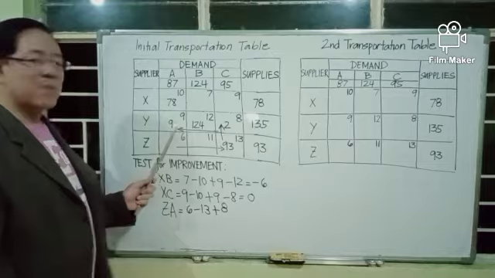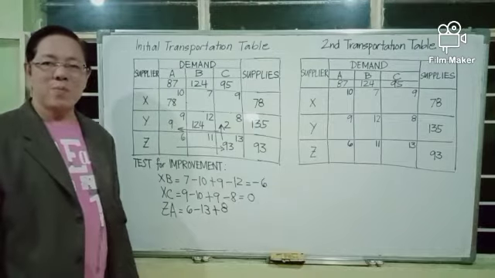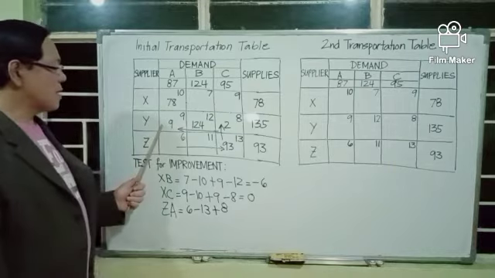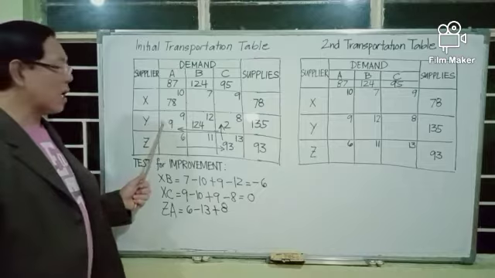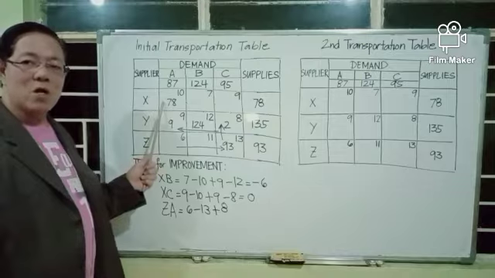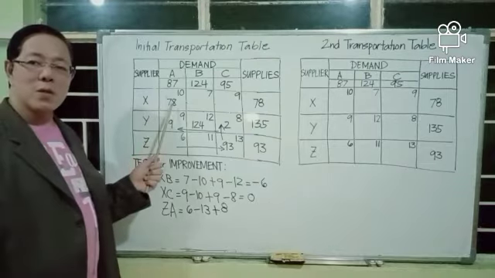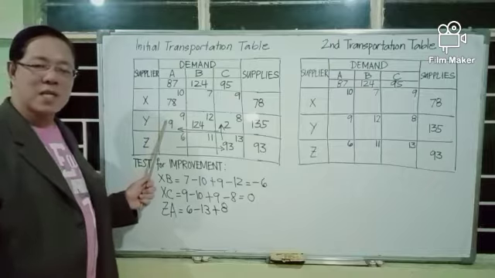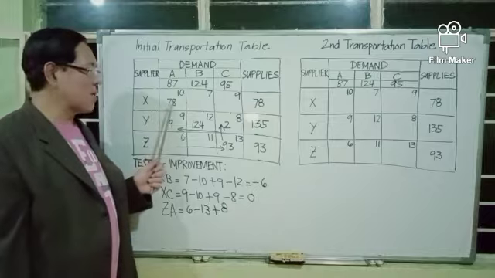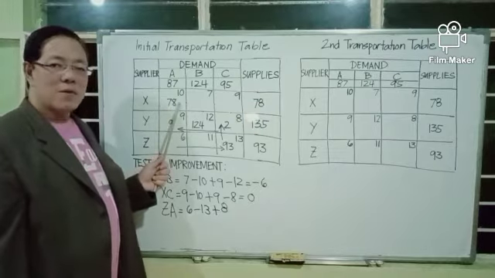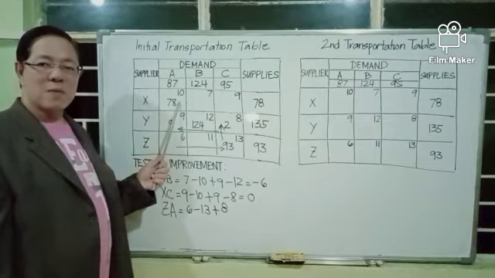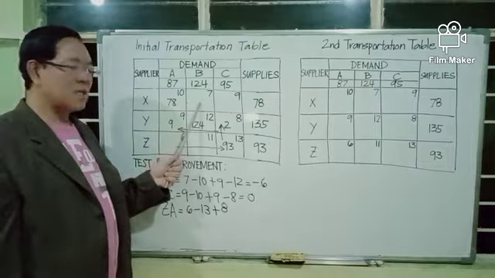After this horizontal movement, the next move is vertical movement, either vertically upward or vertically downward. From this cell, if you move vertically upward, you can do that. You will land at an occupied cell, and that's okay. But the next move is horizontal. And you cannot move horizontally to the left because this is supplier X. Hence, you move from 78 horizontally to the right, and this is vacant.